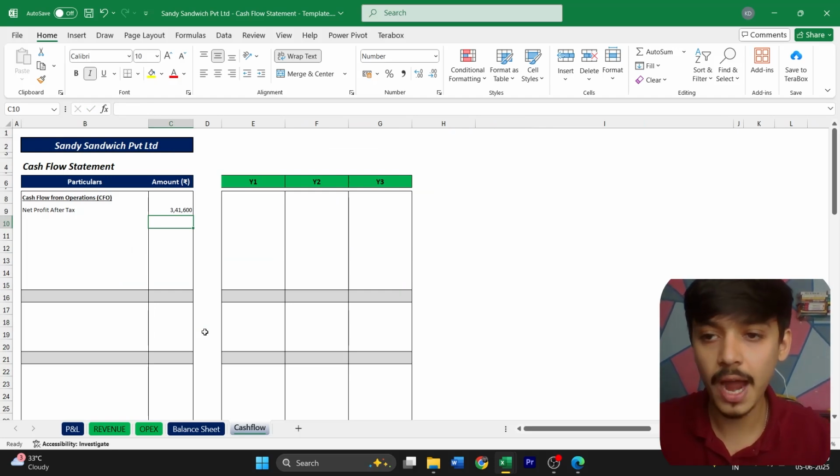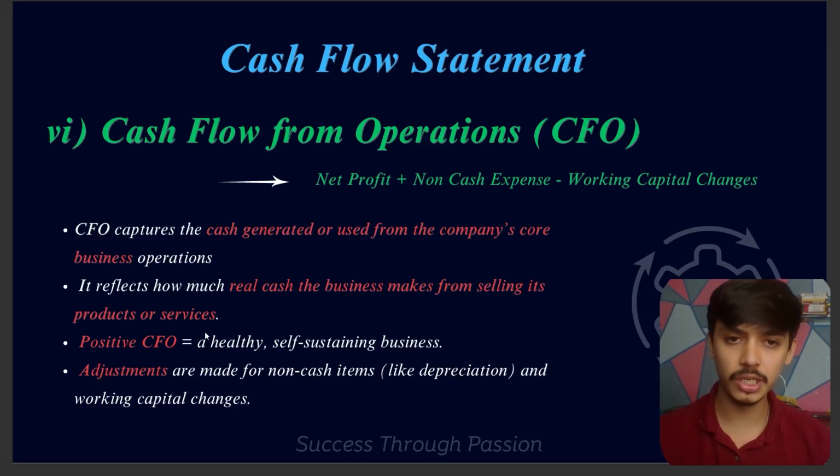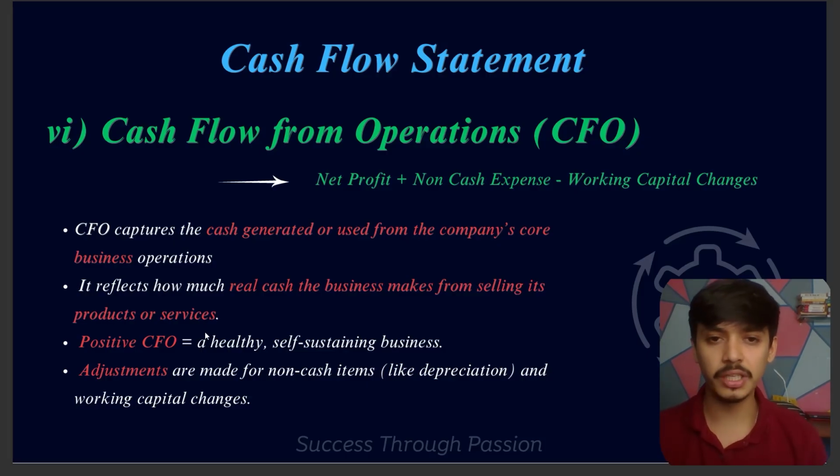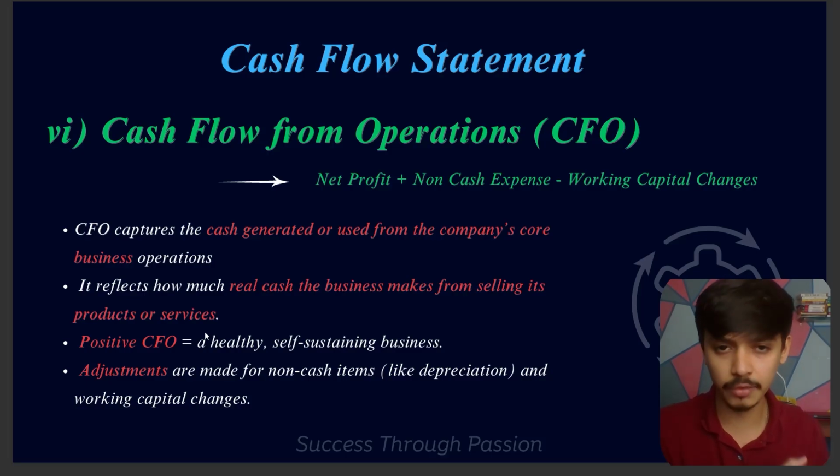Perfect. Now we have to add non-cash expenses, that is the depreciation and amortization and the interest expense. We are adding interest expense over here because as per accounting standards, interest is an element of financing activities, which we are paying toward the debt that we have taken for the business.